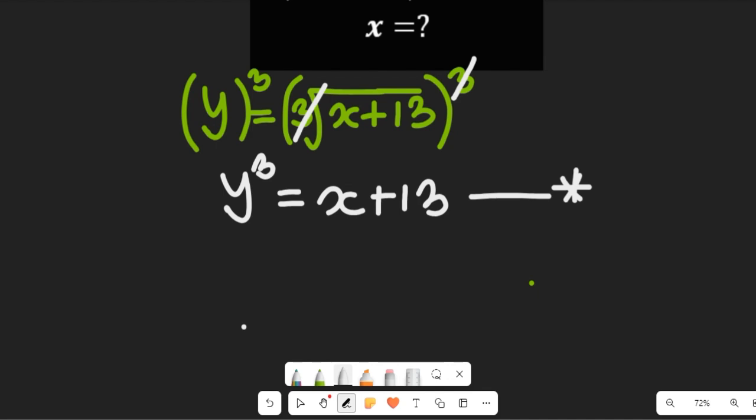Let's take the value of our z to be equal to the other expression given to us.